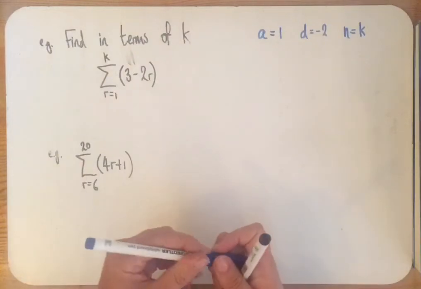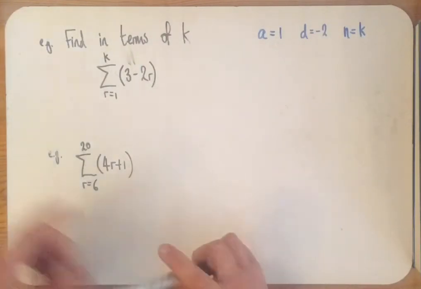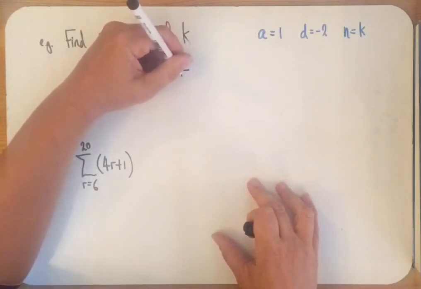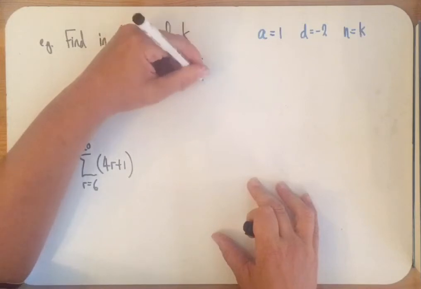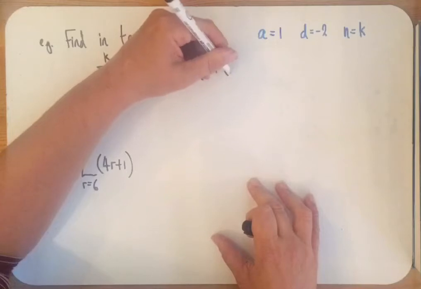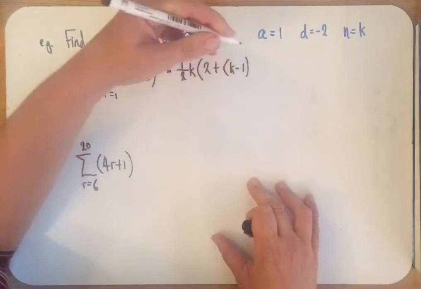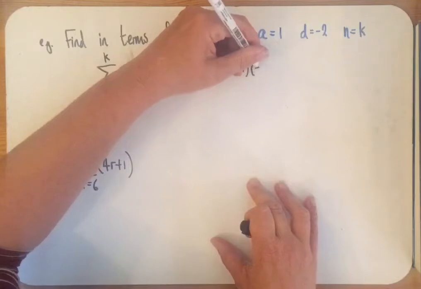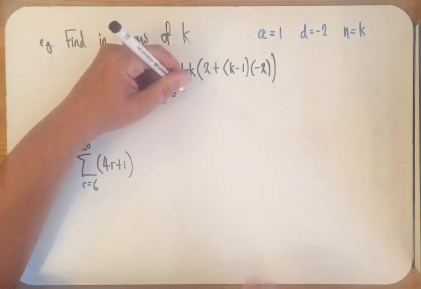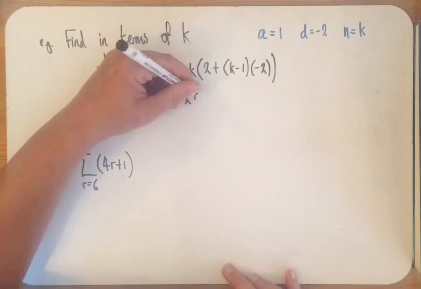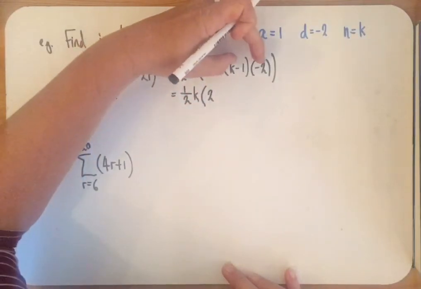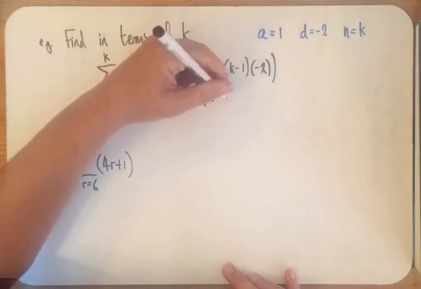And so this sum, using the formula for the sum again, is a half n, which is a half k, lots of 2a, which is 2, plus (k minus 1), times this common difference of minus 2. So just tidying that up a little bit, I get a half k. It's just this bracket I want to tidy up. So 2, multiplying this out, minus 2k plus 2.